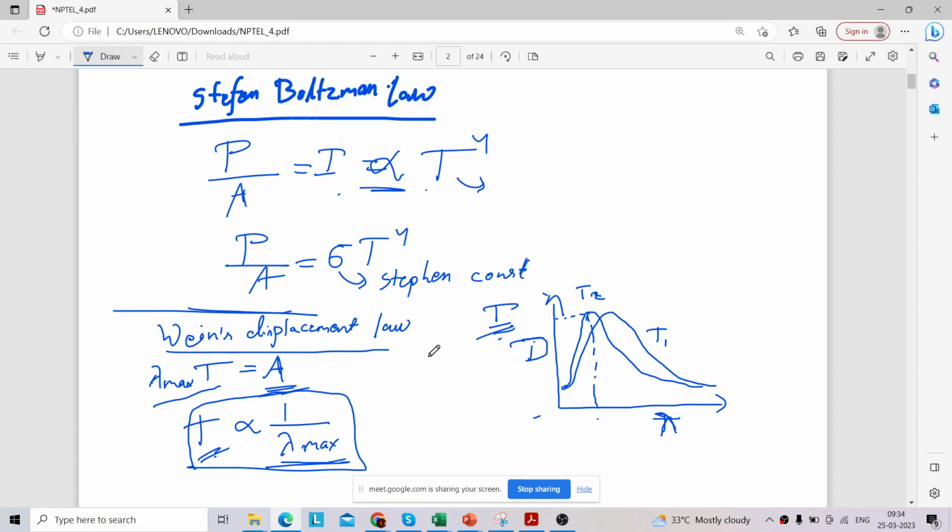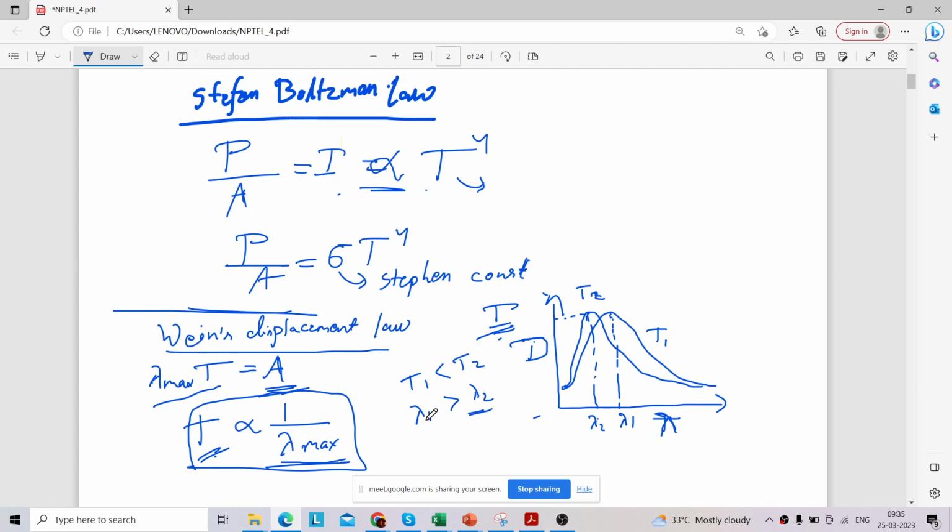That means if T1 is less than T2, and we name lambda 1 for T1 and lambda 2 for T2, then lambda 1 will be greater than lambda 2. I represented T1 here, so this one is lambda 1, and for T2 this is lambda 2. As we see, as we increase the temperature, the wavelength at which the intensity peaks will decrease.